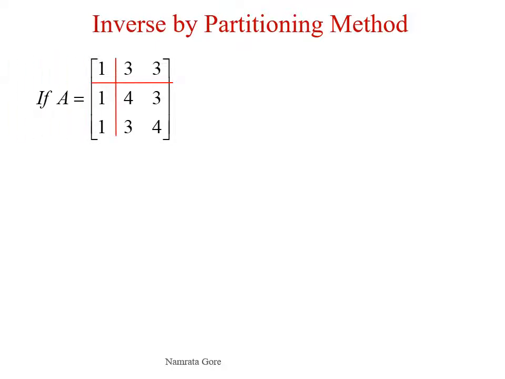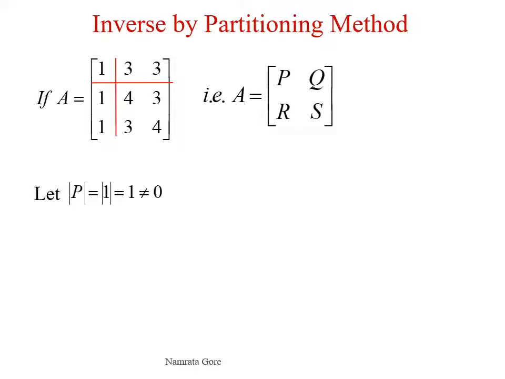So we can have another partition of the same matrix, and here again if we compare with P, Q, R, S, we get P as the determinant of 1 which is not equal to 0, so P becomes non-singular and P inverse exists.